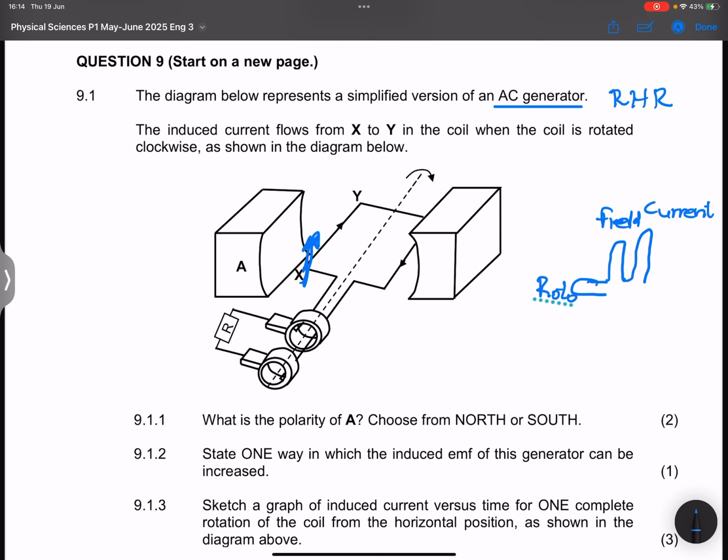And then secondly, this tells me that my current, so my second finger, is moving in the direction, in this case, as shown, that is forward. So there's my thumb pointing upwards, but my current is actually facing forward.